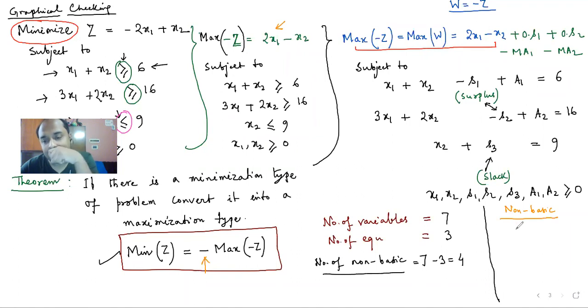Quickly, time is running out. Which 4 are you going to consider non-basic? 7 variables are there. Which 4? Original, slack, surplus, artificial. x1, x2, s1, s2.